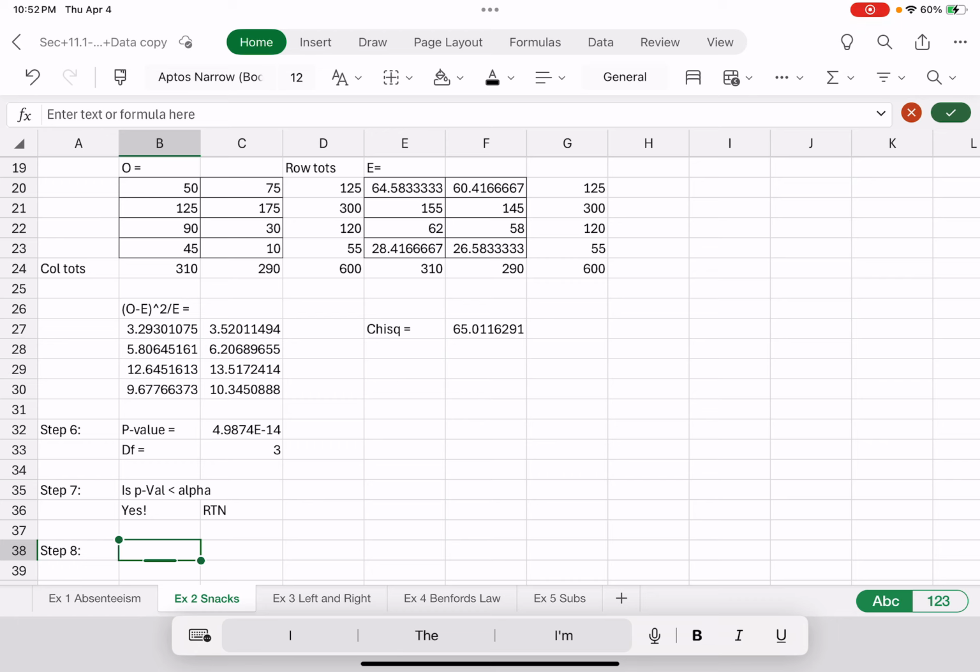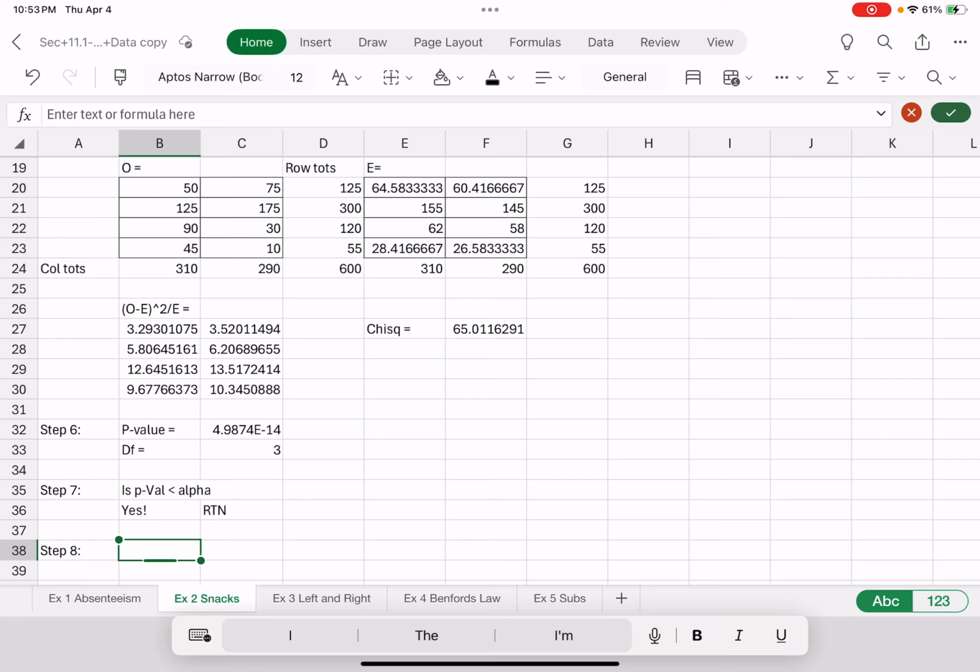So if we ran this experiment 100 trillion times, then one of those would not be considered extreme.